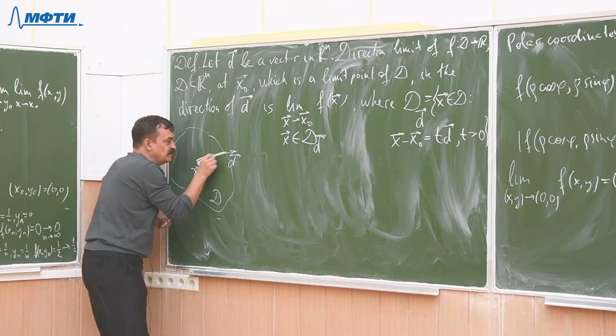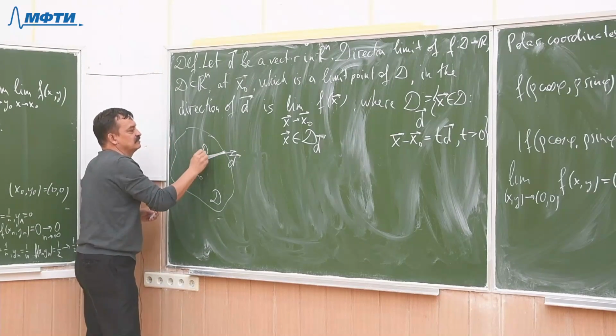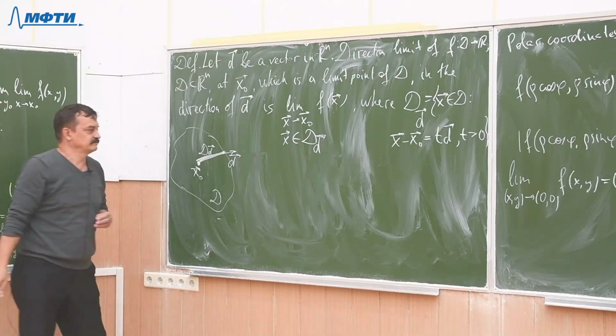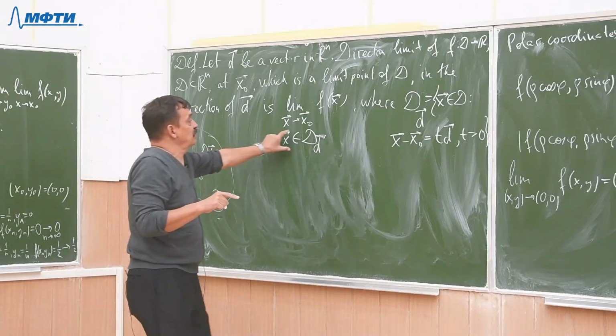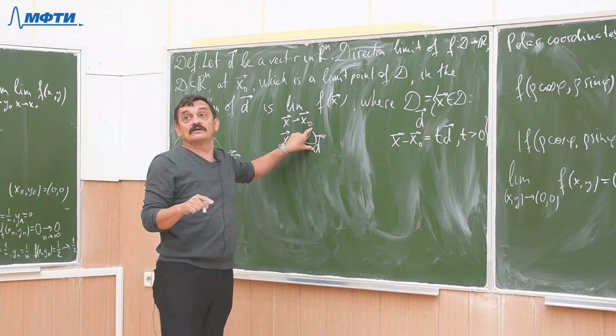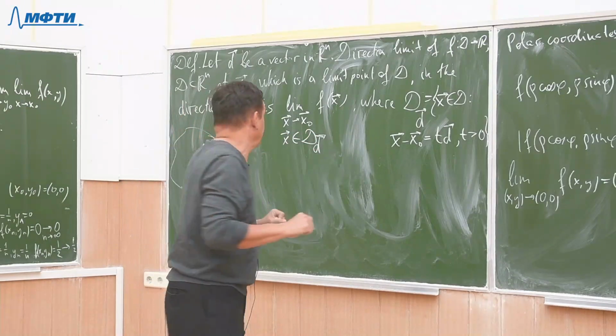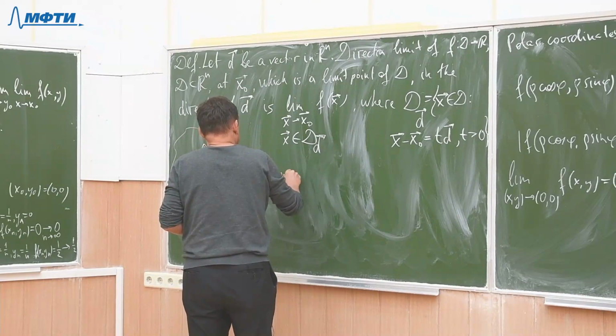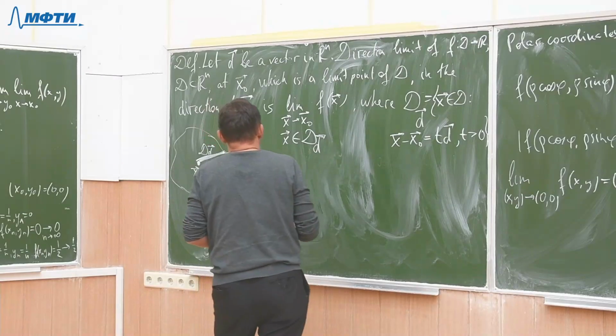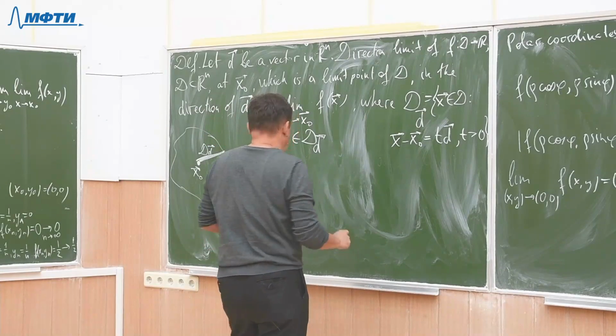So here we have, that is D. So we are interested in the limit only on this part. And Lemma 3, I think, right?